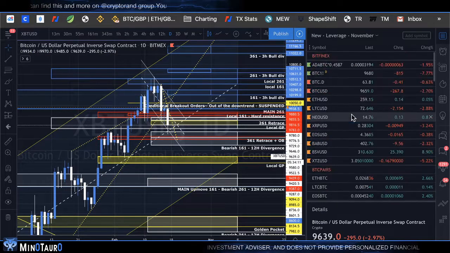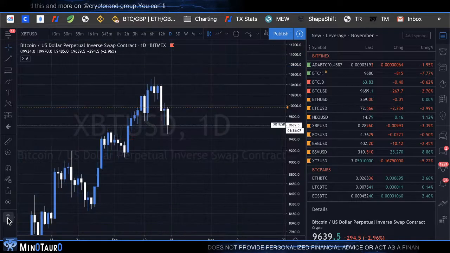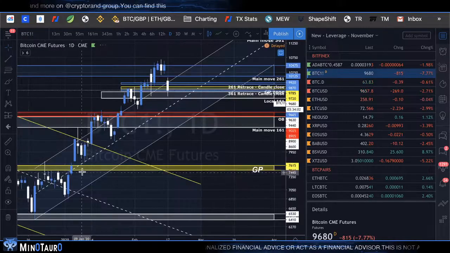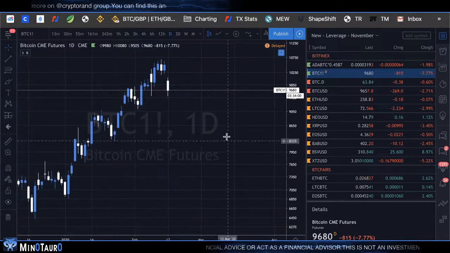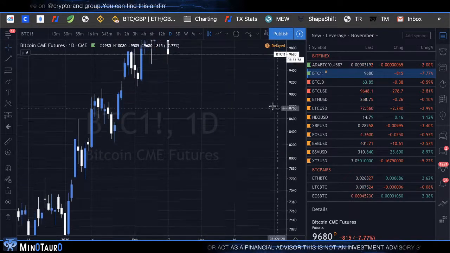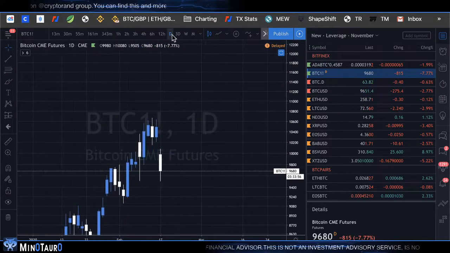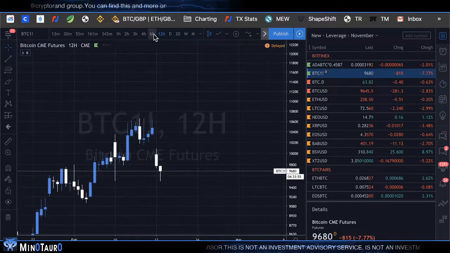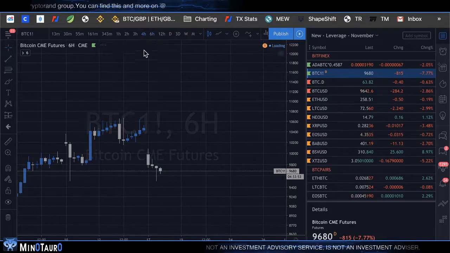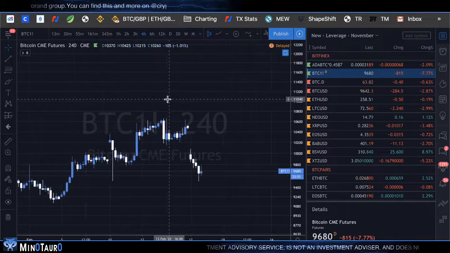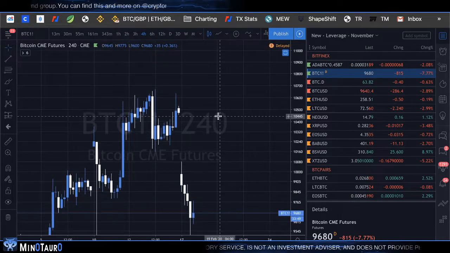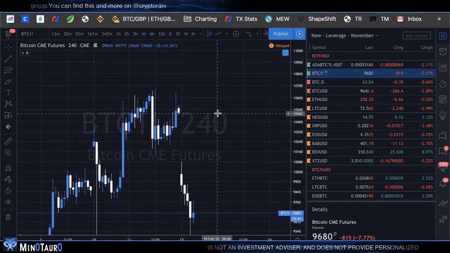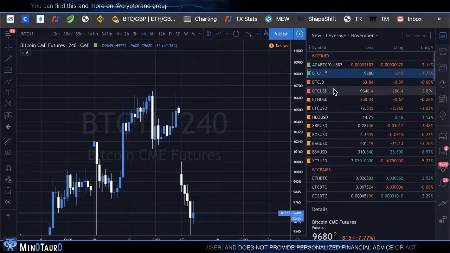So let's just put here some levels, so we're gonna clean up. First of all, we need to put in the level of the gap. So I'm gonna go 4 hours. The 4-hour gap is 10,460, let's say.